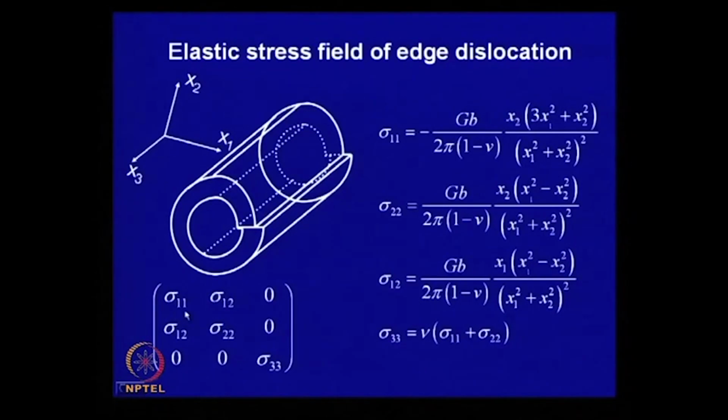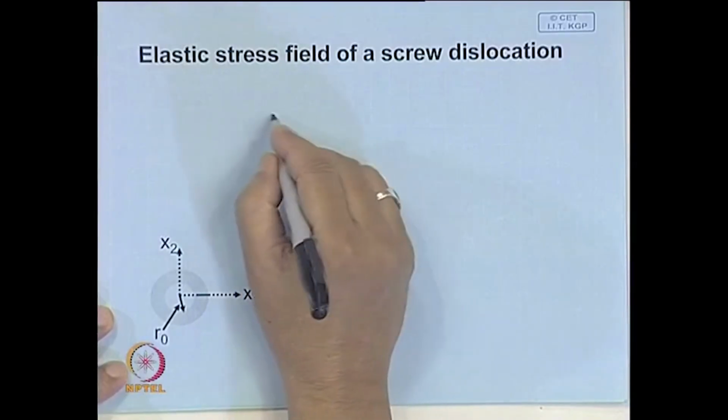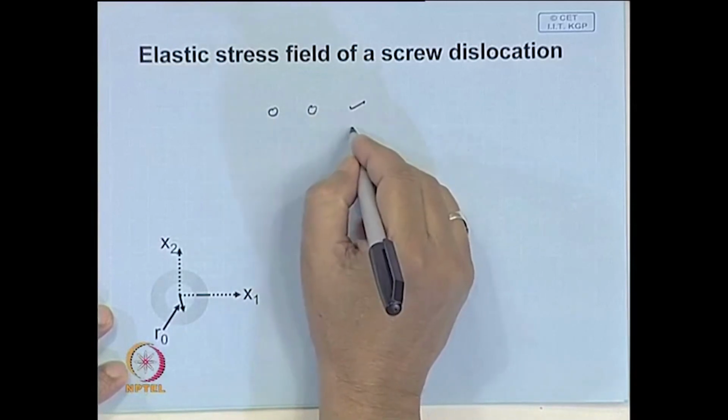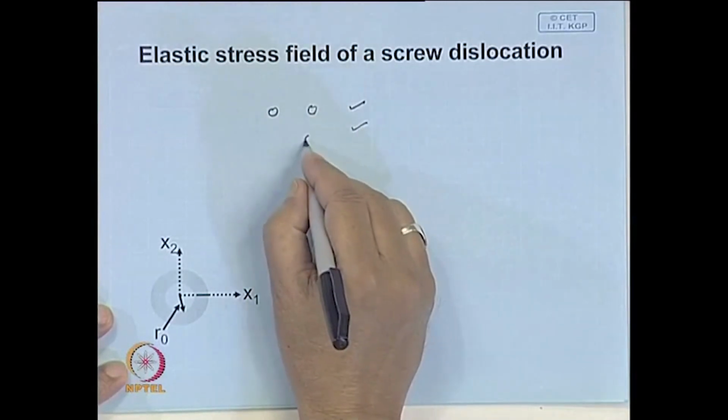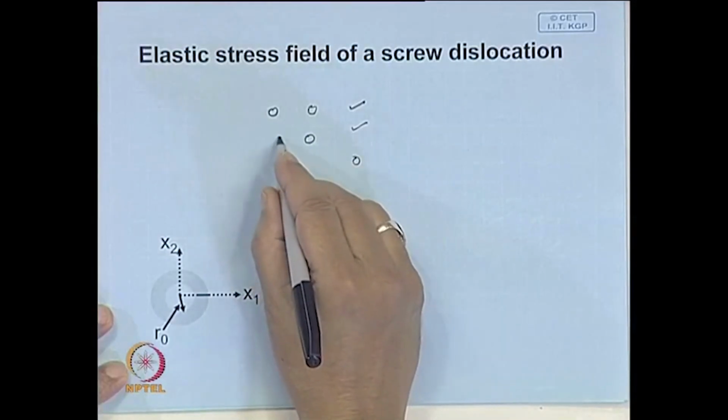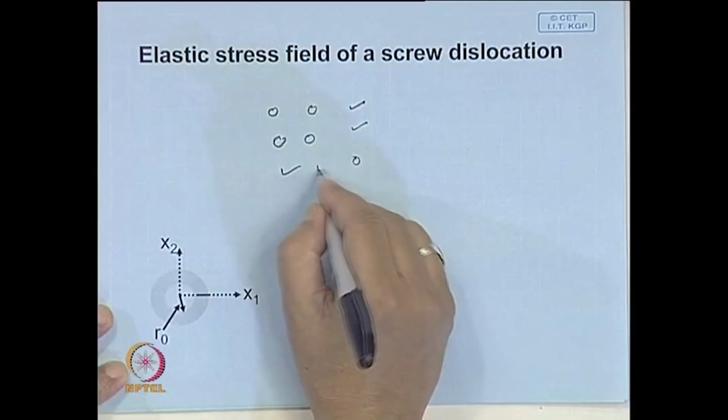If you compare these stress fields, you will find that in the screw dislocation, some components are 0, whereas this existed, this existed, this is 0, this is 0, this is 0, this is there, this is there.